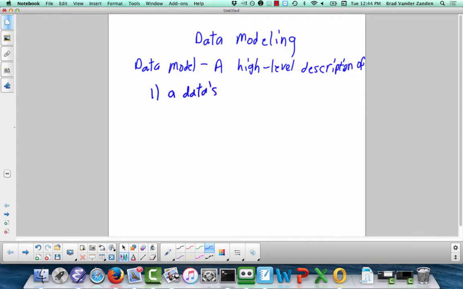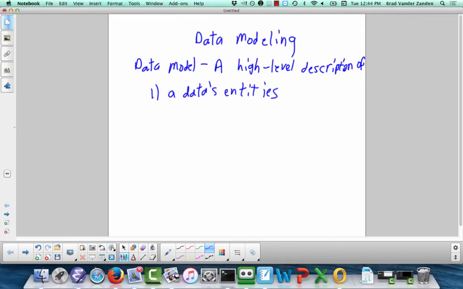So for any database, you are generally modeling some set of entities. If it was here at UT, you have students, professors, staff, courses, buildings, accounts receivable for the university.